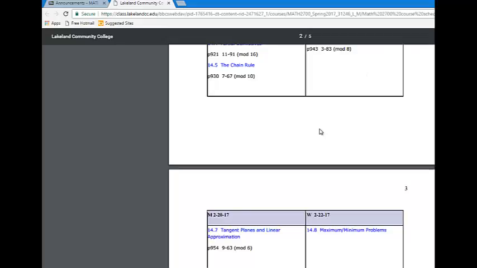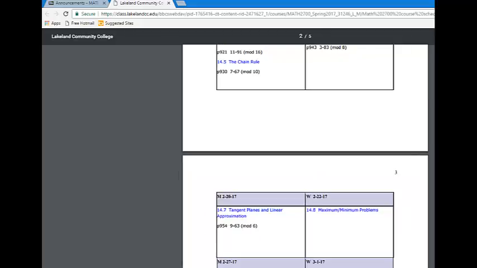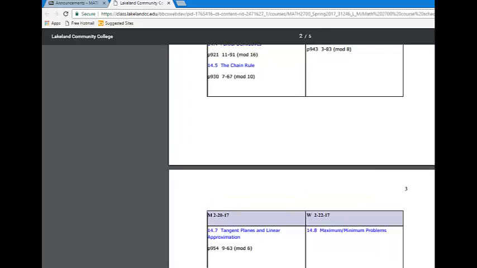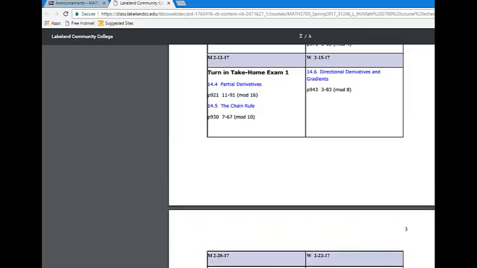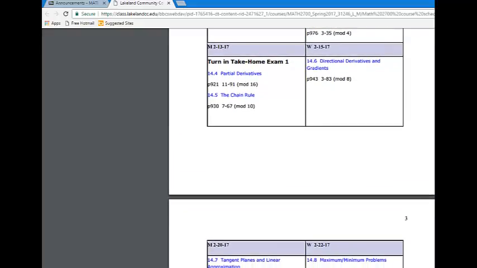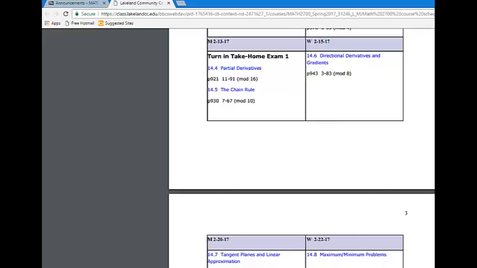If you look at where I am, this is today, so today is February 20th. And I'm supposed to cover tangent planes and linear approximation, but like I said, I really think that's the second half of today's lesson, the first half being the directional derivatives. I still want to do more with that, and gradients. That's kind of where I'm leaning.